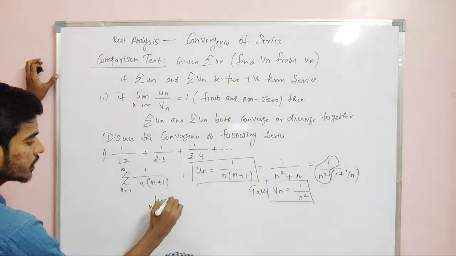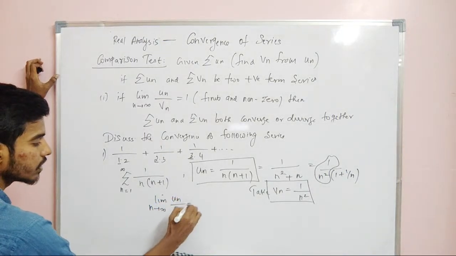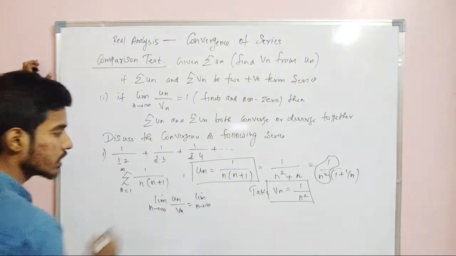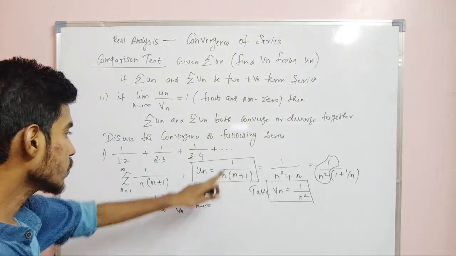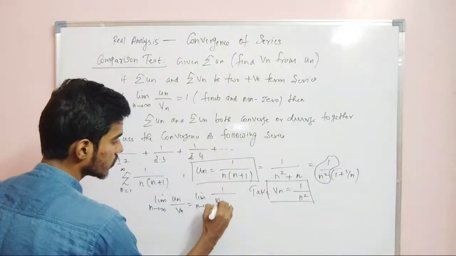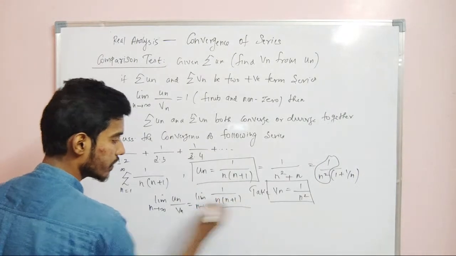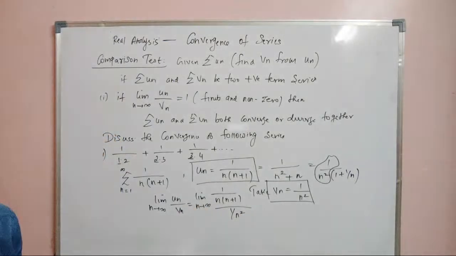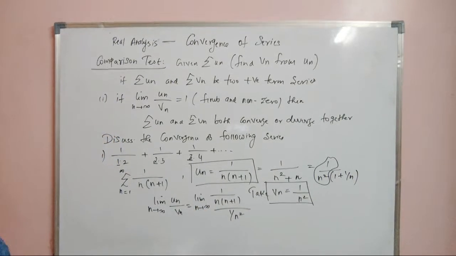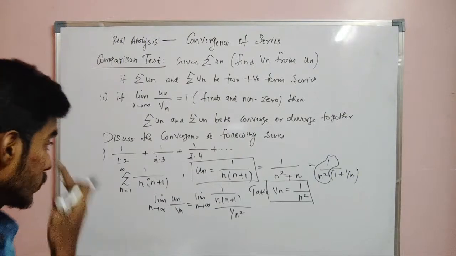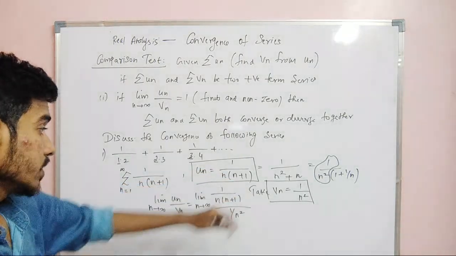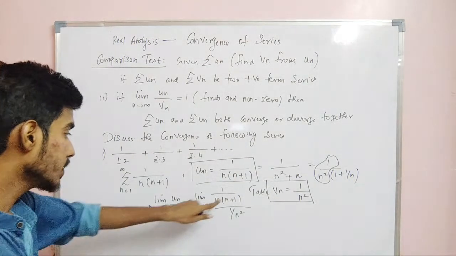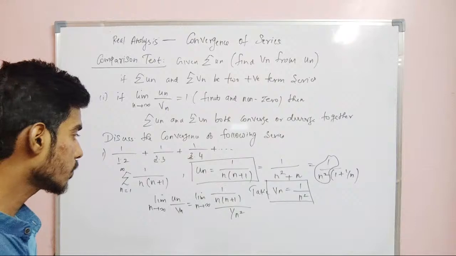Un is 1 by n into n plus 1 divided by Vn, which is 1 by n square, right? So we have found Un and Vn. Now you just find the limit as n tends to infinity of Un by Vn, where Un is 1 by n into n plus 1 and Vn is 1 by n square.